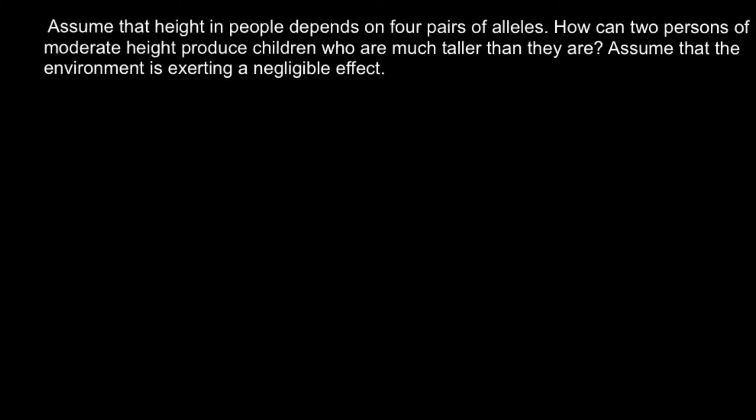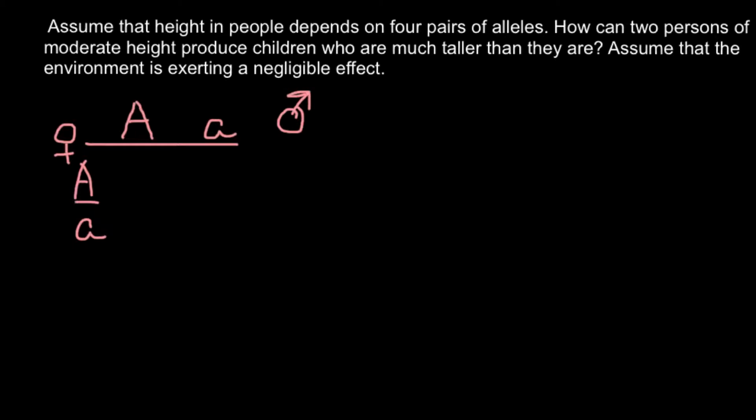For example, when we have simple Mendelian genetics and one trait, and one parent is heterozygous, with capital A small a genotype, and another parent also has such a genotype.